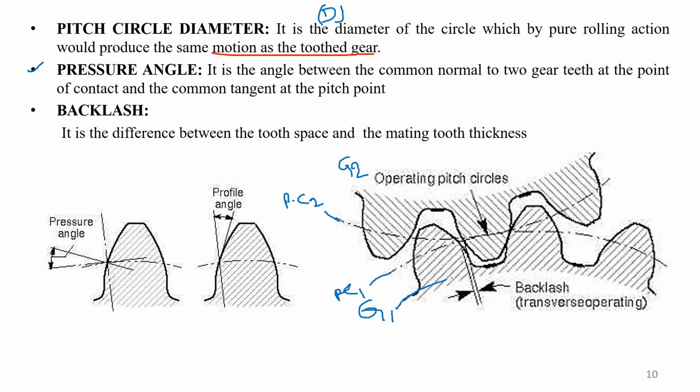Similarly, we have another circle, which is called the base circle of gear 1, and here also we have another circle, the base circle for gear 2.